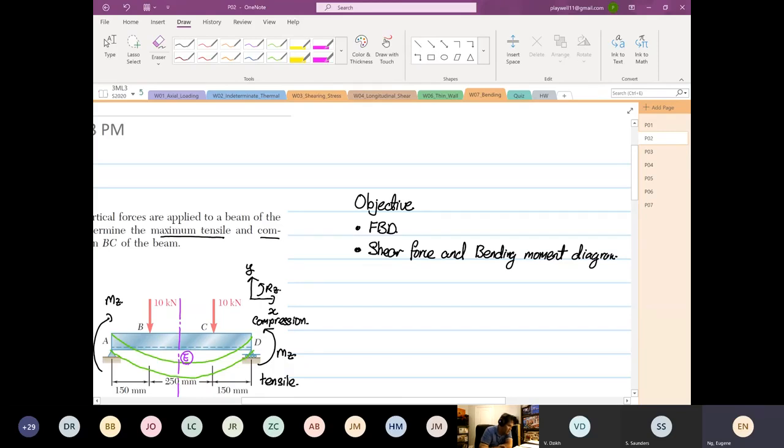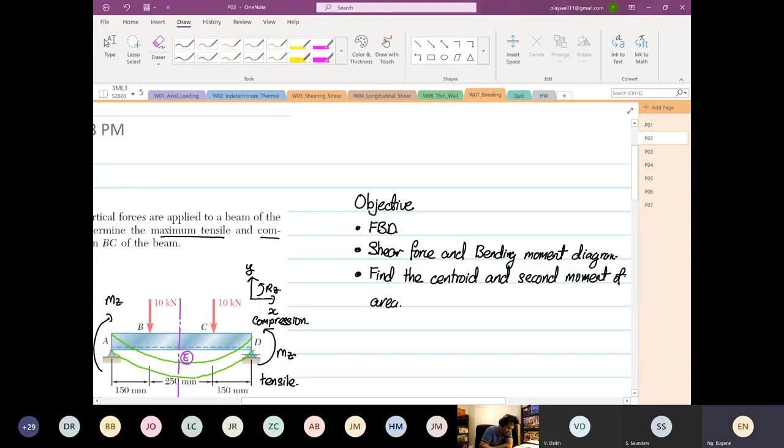Then after the diagram, we are going to find the centroid and second moment of area.